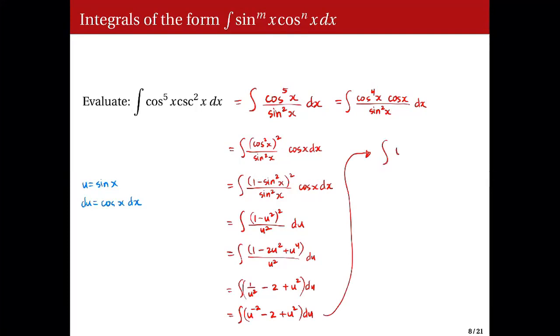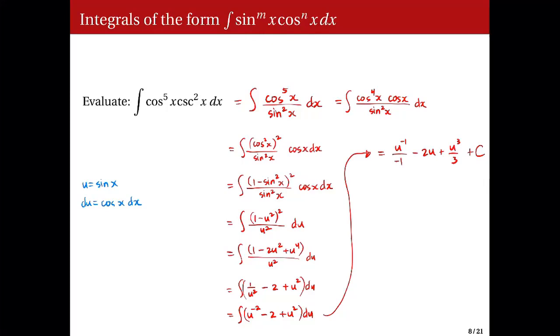After integrating, we'll have u raised to negative 1 over negative 1. That's minus 2 plus 1, that's negative 1, that's why we have here negative 1. And then minus 2u coming from here, and then plus u cubed over 3 coming from here, and then plus the arbitrary constant.